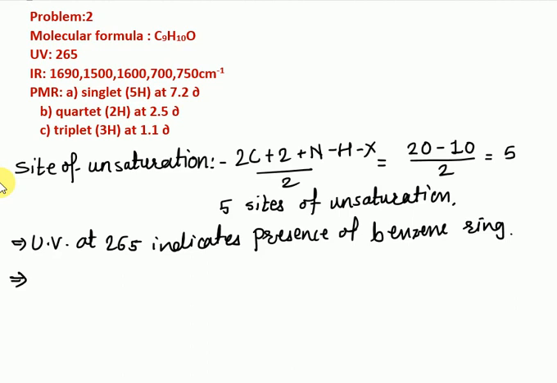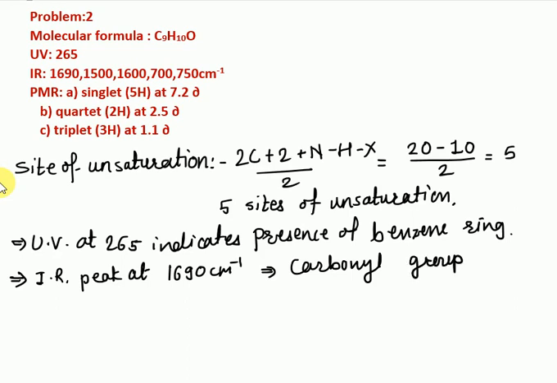Next, stretching frequencies between 1600 and 1700 indicate a carbonyl stretching bond, meaning the presence of a carbon-oxygen bond. So the IR peak at 1619 per centimeter indicates the presence of a carbonyl group, because the C double bond O group stretches between 1600 and 1700, and this is quite a lesser value, because there may be conjugation here.